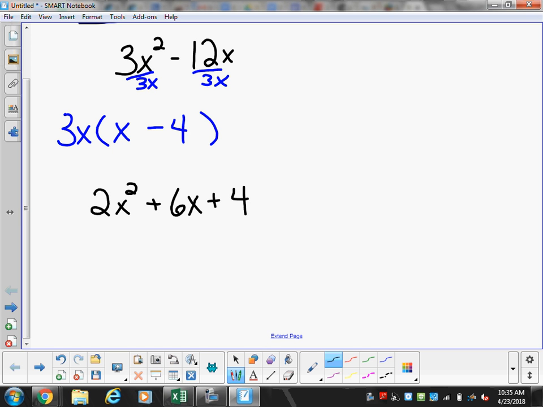What's the first thing we're supposed to do? First thing we're going to do is look for greatest common factor. I now have 3 terms. Do you notice anything that looks like it will go into all 3 terms? 2. They're all even. So the first thing I'm going to do is factor out that 2. I'm going to divide everything by 2. So that 2 just cancels out and left with x squared. 6x divided by 2 is just 3x. And 4 divided by 2 is just 2.